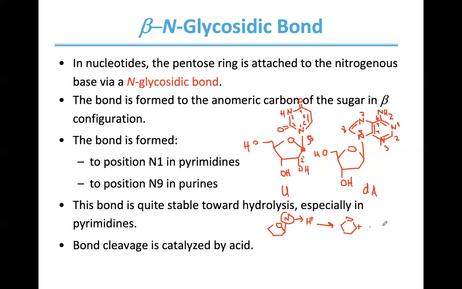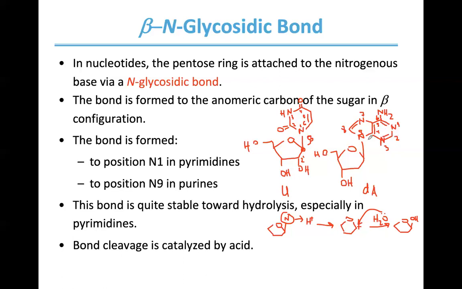And then water will come in and attack that, and you get the OH. So that's the hydrolysis. Through hydrolysis, you lose the nitrogenous base, and obviously you lose the genetic code, right?